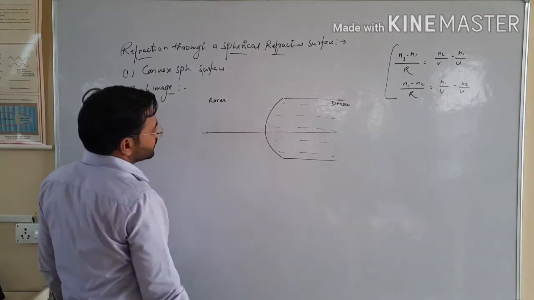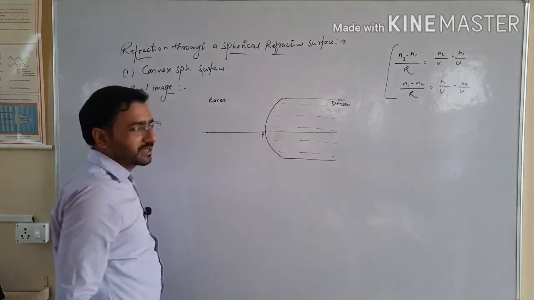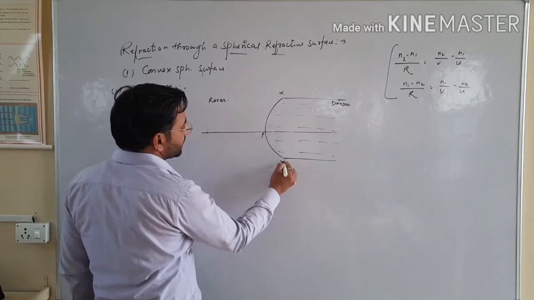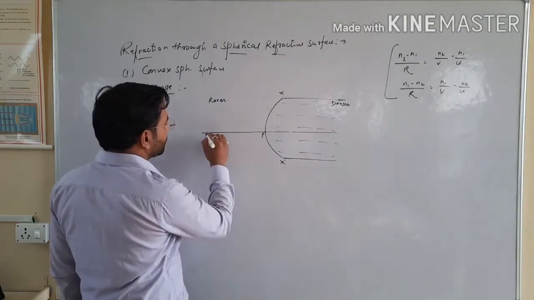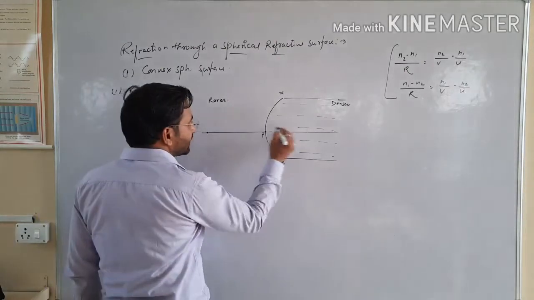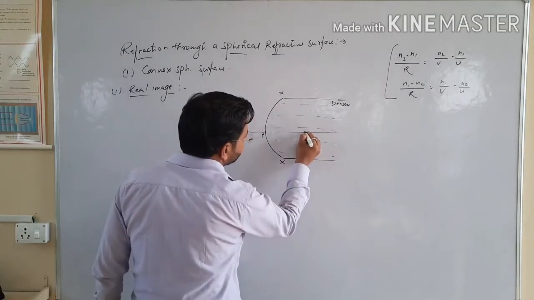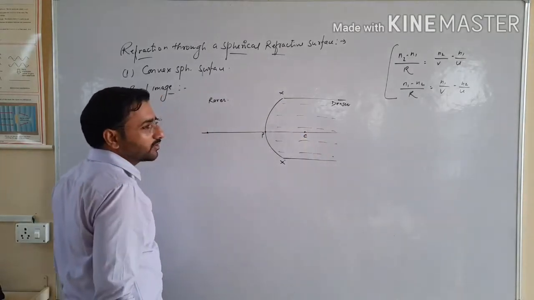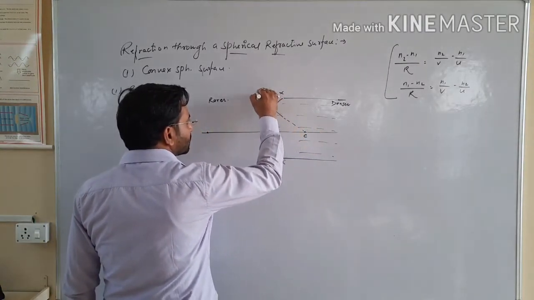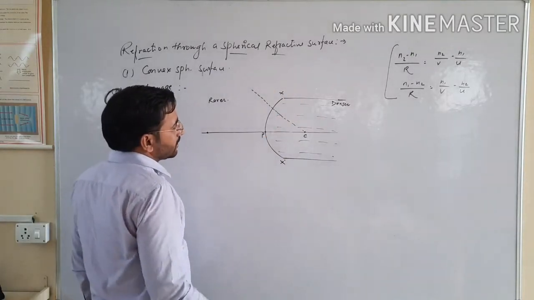For that I will consider the object placed far away from the pole of the spherical surface. The spherical surface is X dash, and the object is placed here as a point object. Because the curvature is toward the right-hand side, suppose C is its center of curvature, and on the basis of C I consider a normal on the surface of this spherical refracting surface.